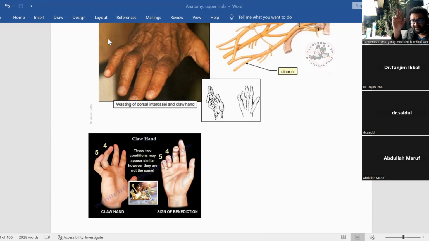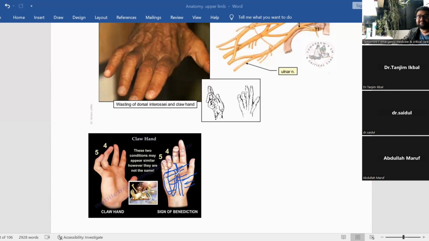Why does this happen? Median nerve palsy. The median nerve supplies this portion, the median three and a half, and this one is the ulnar part.